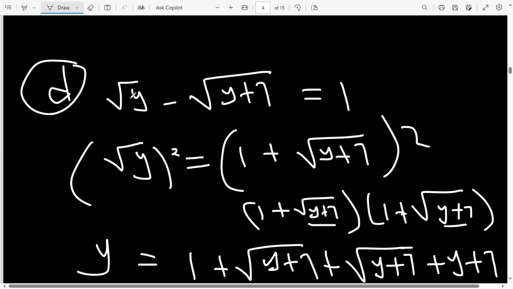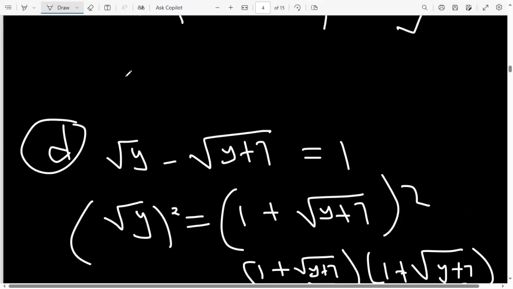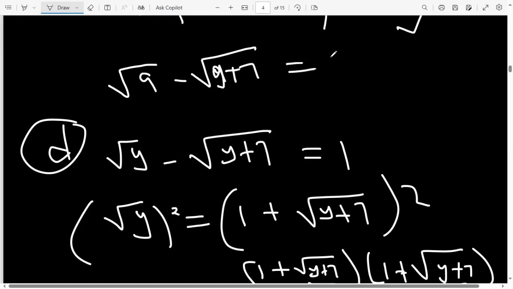So let's try to put in 9 here to see if it's going to work. Okay, if it doesn't work, then we'll see. So the square root of 9 minus the square root of y, which is 9, plus 7 is equal to 1.